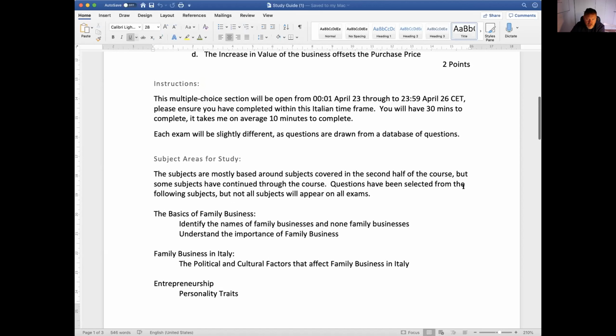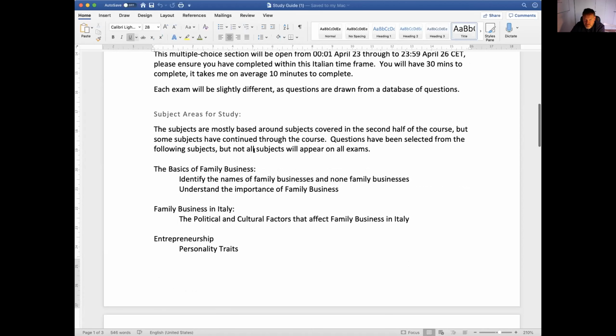This first part here, subject areas for study, will include all of these areas, but not all of them will turn up, because it depends on what questions are randomly asked of you. There is a majority of questions which come from the second half of the term, although some subject areas have continued through the course.